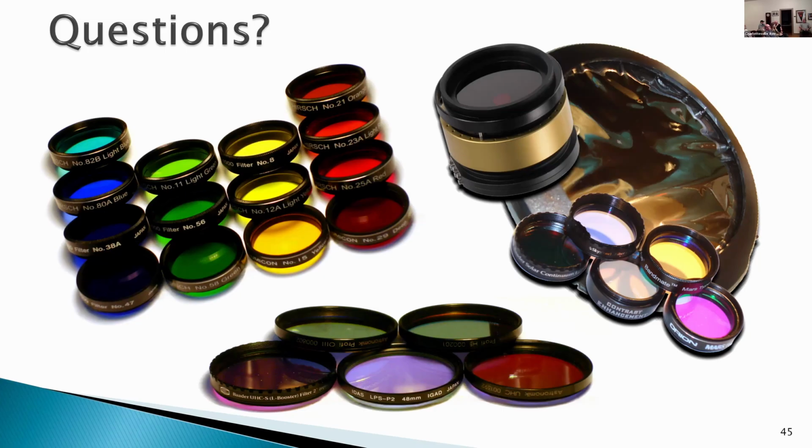I'm wondering, since I have a really fast scope of f3.5, and I've traditionally used narrowband filters like an L Ultimate at 3 nanometers, and I understand the problems of trying to combine those two, do you have any experience or comments on some of the manufacturers who have new filters out that cater to faster scopes by shifting the band pass accordingly, to compensate for the steep light cone?